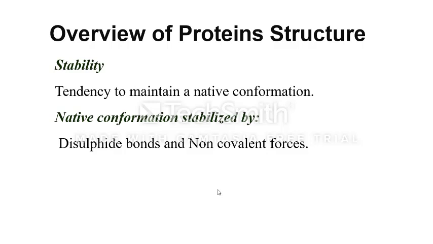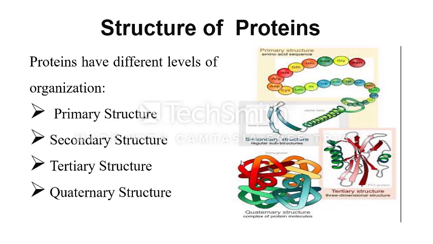And what is native conformation and how is it stabilized? As I already told you, there are many forces that are basically not true bondings, so they are responsible for its native conformation stability. These are basically disulfide bonds and non-covalent forces. Now, when it comes to structures of proteins, proteins have different levels of structure or organization.